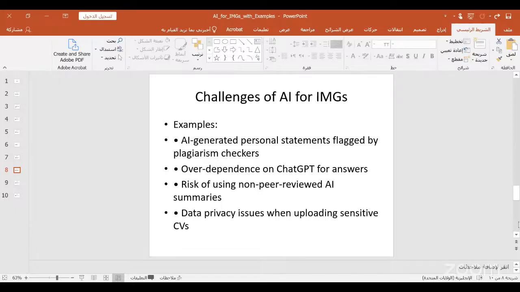For example, they will have sections for personal information, then your education, then work experience, and then skills and languages as well. For the personal information, I don't think it's a good idea to insert it directly into AI tools.